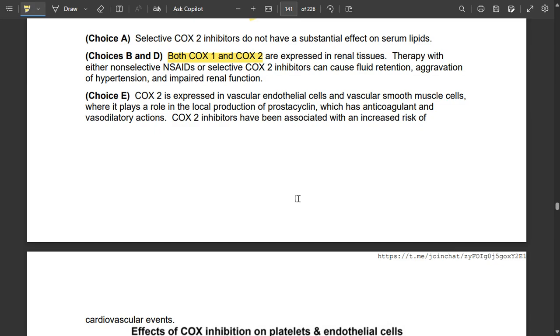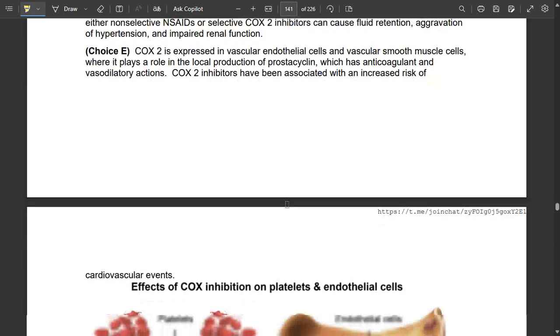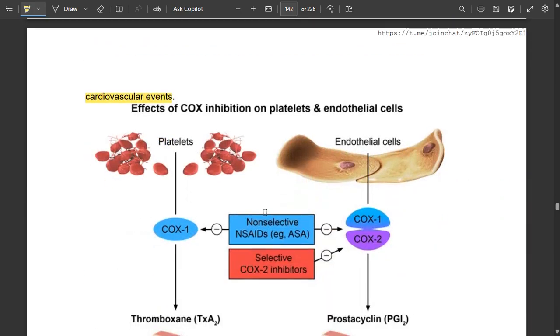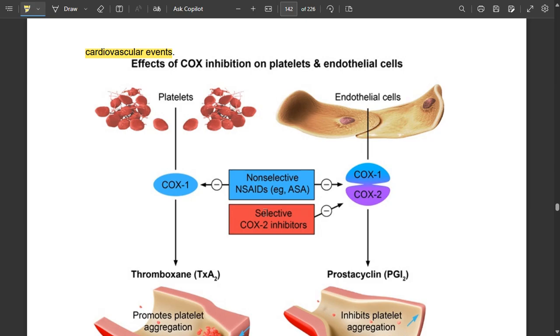When COX-2 inhibitors like etoricoxib and celecoxib are given, the anticoagulant prostacyclin normally produced by endothelial and vascular smooth muscle cells is not produced because of COX-2 inhibition. Therefore, some cardiovascular manifestations can occur.